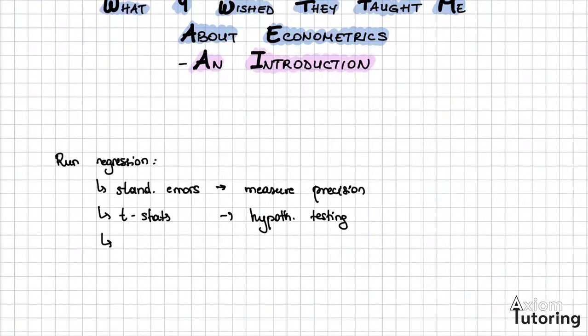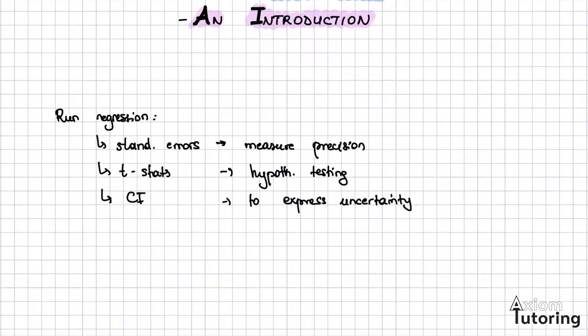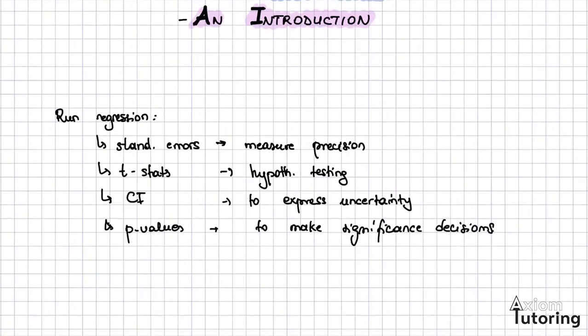We rely on confidence intervals to express uncertainty. And on p-values to make significance decisions. So all of these flow from one thing, the standard error.